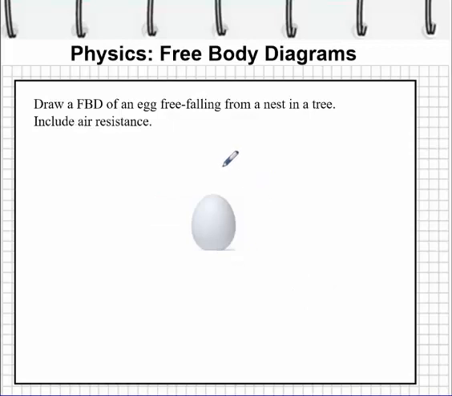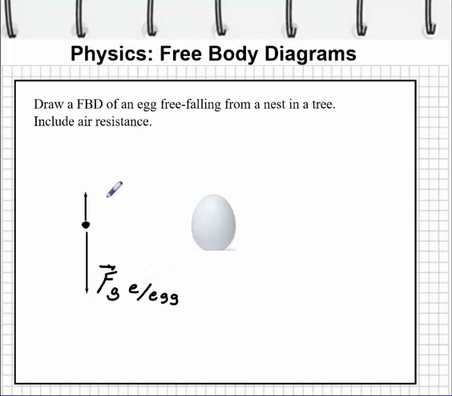Free body diagram of an egg falling from a nest in the tree will include air resistance, and this time we will assume the egg is accelerating downward. It would only have two forces. This would be the force of gravity. This would be earth onto the egg. If you have two E's like earth and egg, I would go ahead and spell one out.